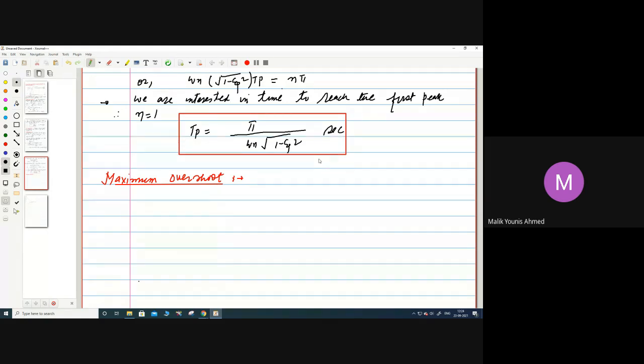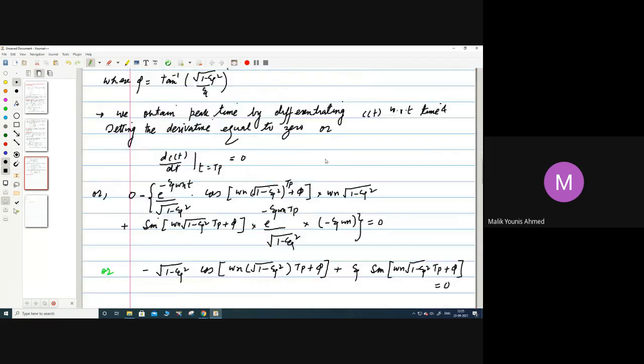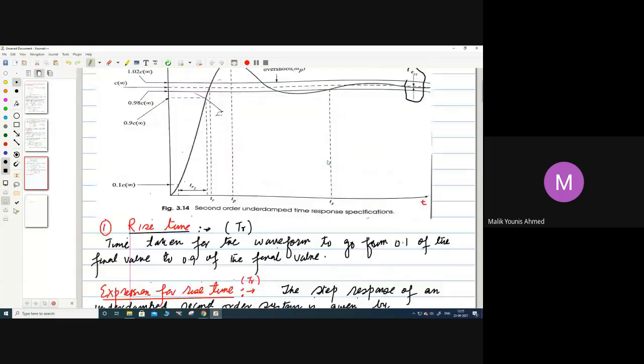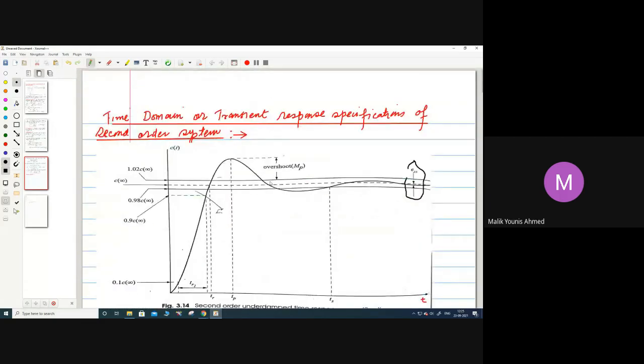But when it comes to the definition in context to the step response, then it is the amount by which the step response overshoots the steady state value. You can see here, the step response overshoots the steady state value.